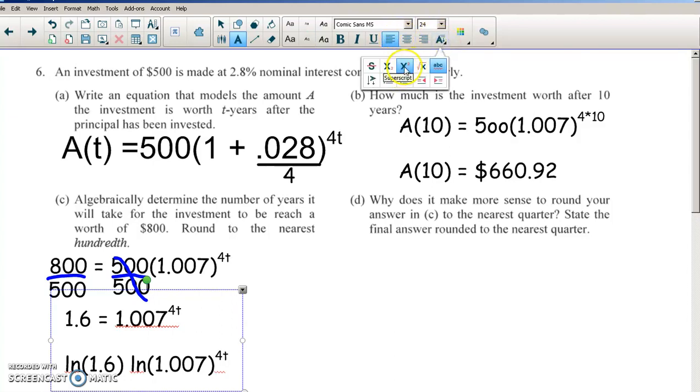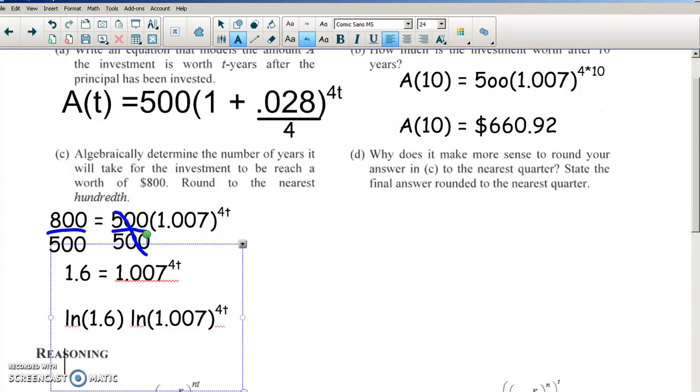what's now going to happen is my natural log and my 4t, the power rule is going to happen. So when I type in, this will be natural log of 1.6 is now equal to 4 times the natural log of 1.007.